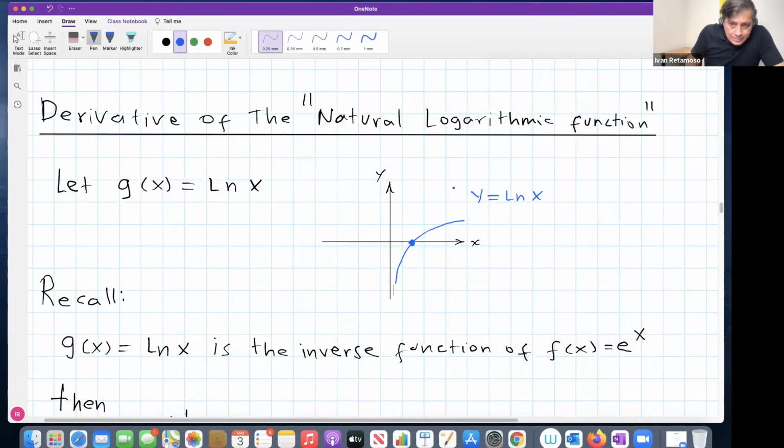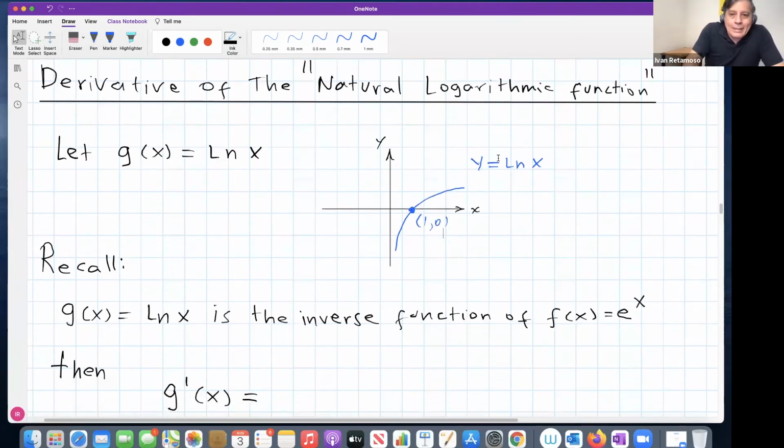Now the natural logarithmic function meets the x-axis at (1, 0). Let's be careful there. (1, 0), goes like this. And now, since we are doing calculus, we have to figure out the derivative of this function.